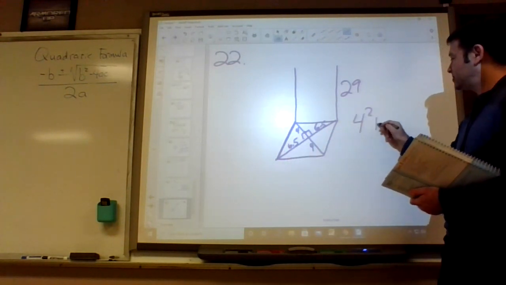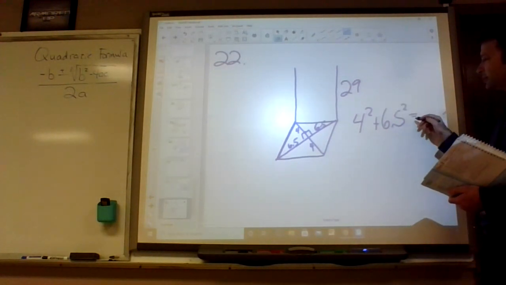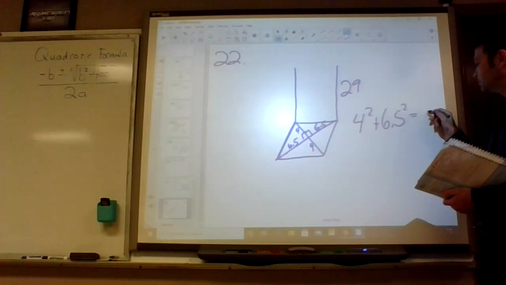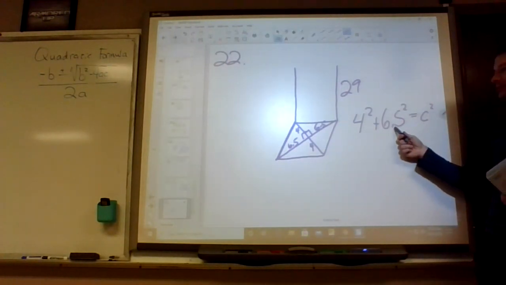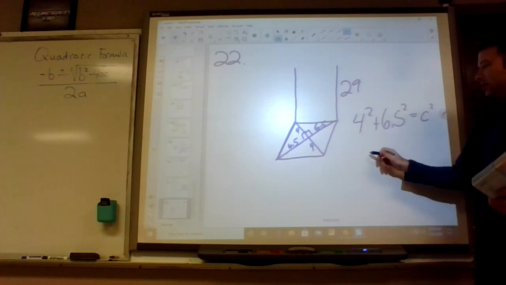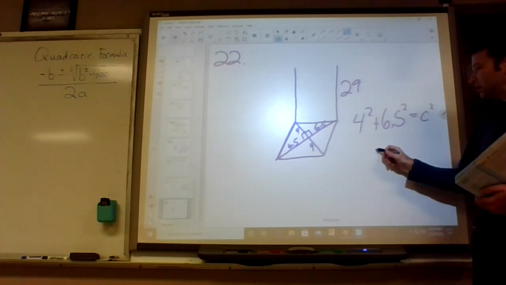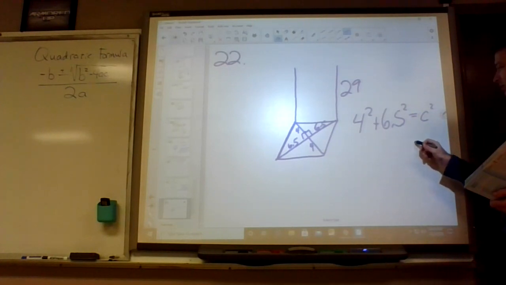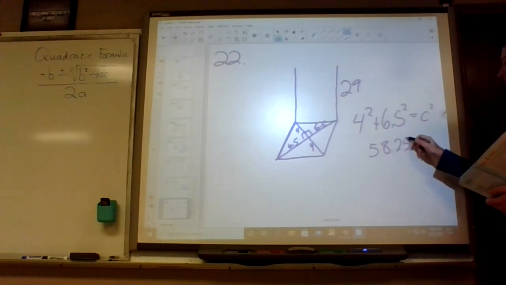Because there is a decimal already in the problem, let's just use decimals for this one. Equals, I'll call it c squared. So 58.25, or 58.3. Well, okay, you can do 58.25, but that's what c squared is.